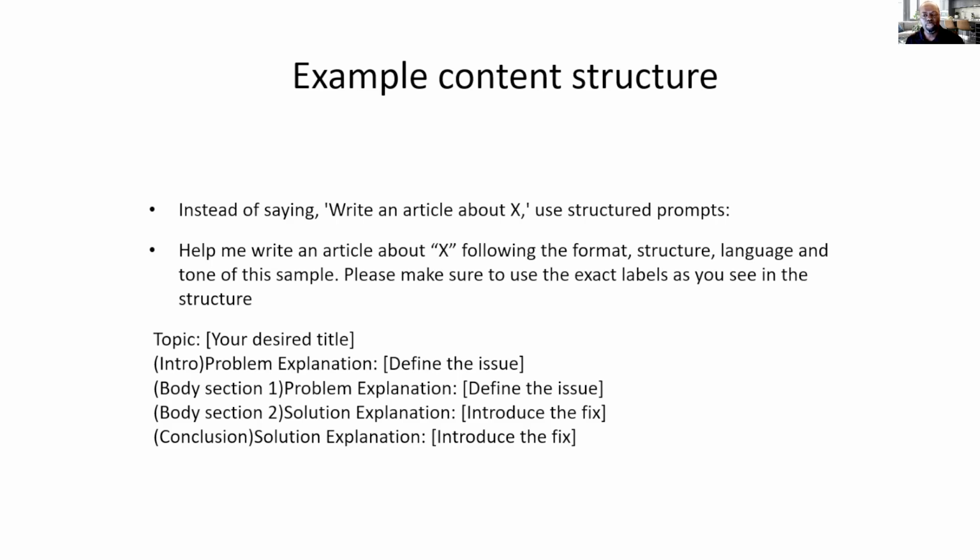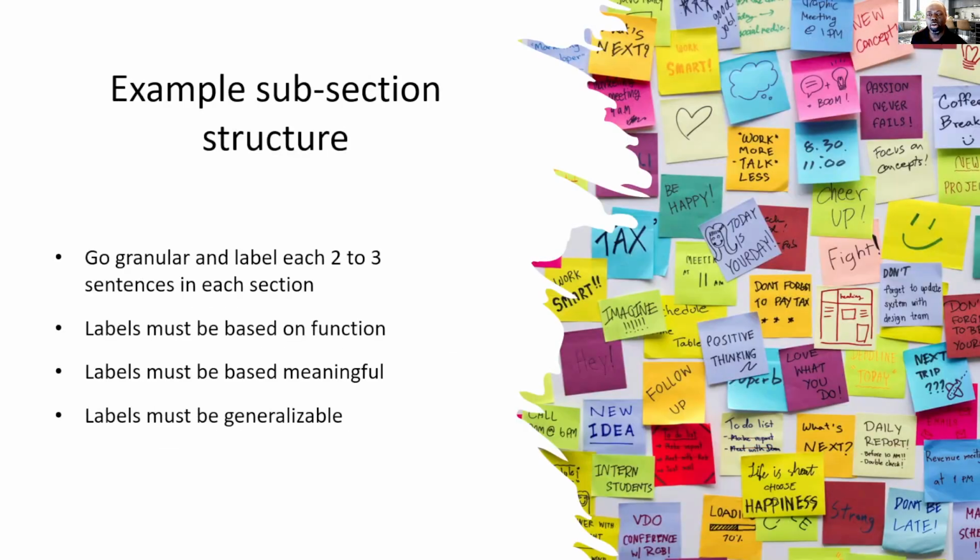Now we don't want to stop there, because if you stop there, you still won't have very good content. You need to go a bit more granular. So I want to take each section, for example the body content, and label each 2 to 3 sentences based on the function they are playing, the role they are playing. Are they explaining something?